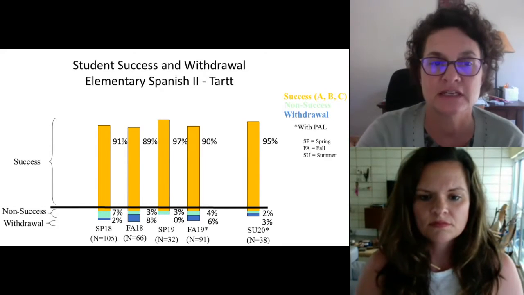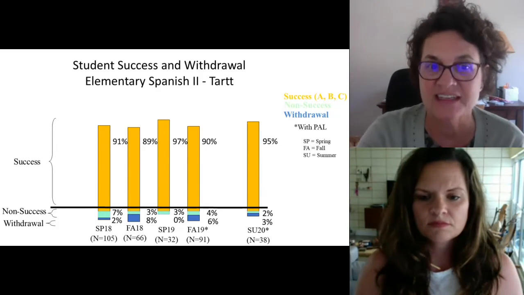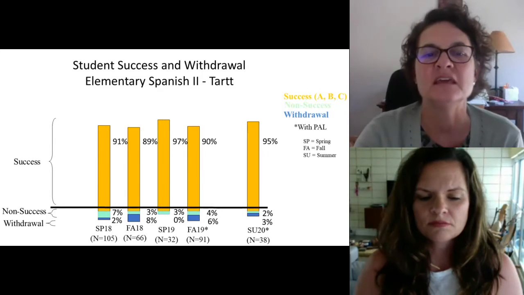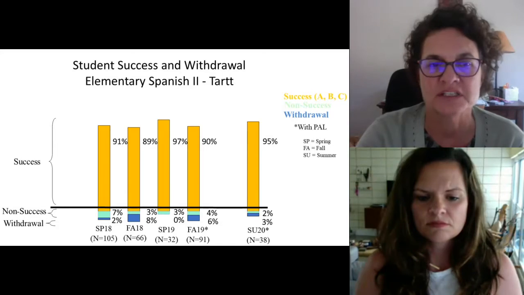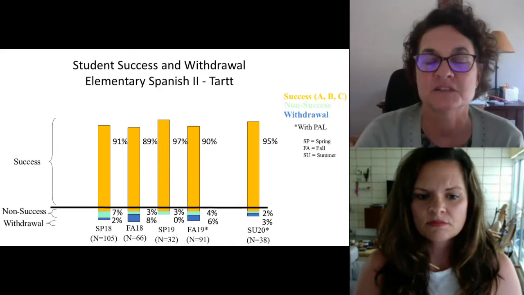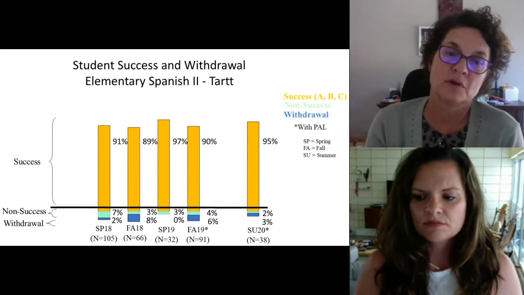That's pre-adaptive learning. So this 97% in spring 19 is higher than these 2, but the adaptive learning courses in these semesters we have better numbers here for student success in spring and fall 18. So overall, we are seeing the numbers go up.